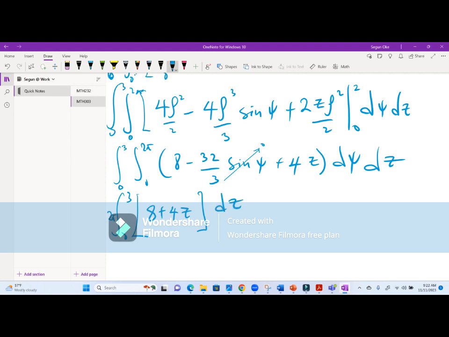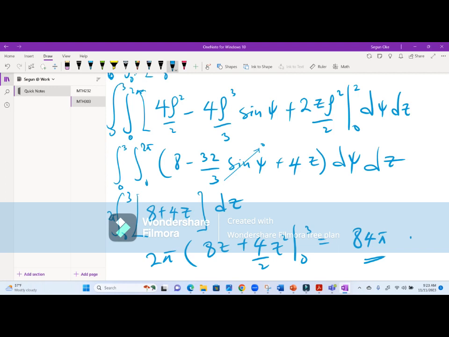So by the time I integrate this with respect to z, I will have 2 pi into 8z plus 4 over 2 z squared from 0 to 3. So when you solve this one, you have 84 pi. So these are the little ones we can lay our hands on for divergence.